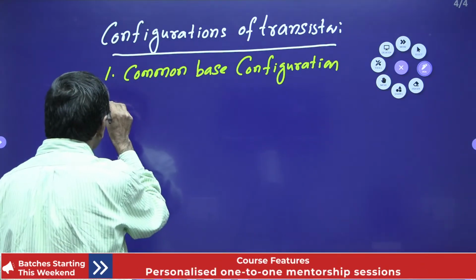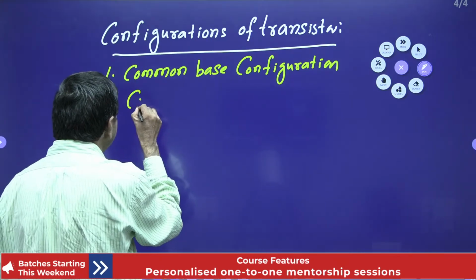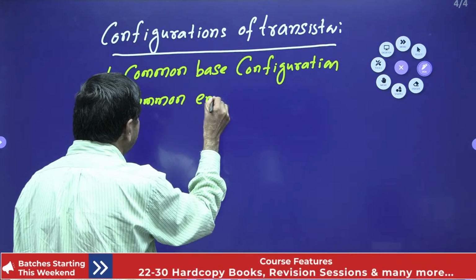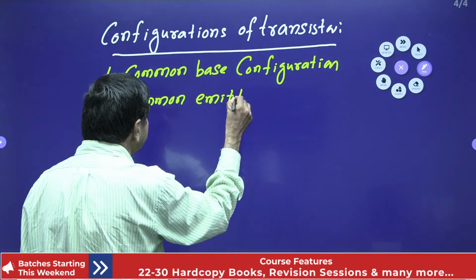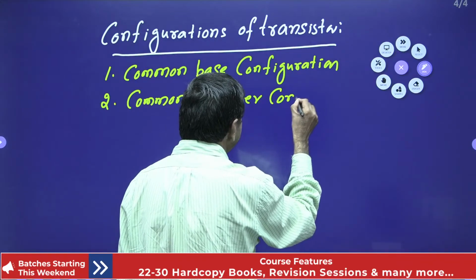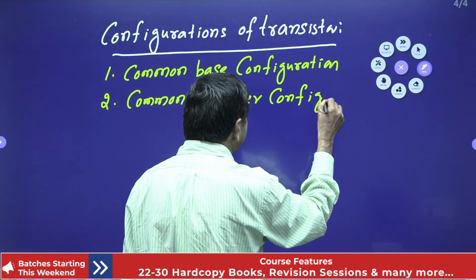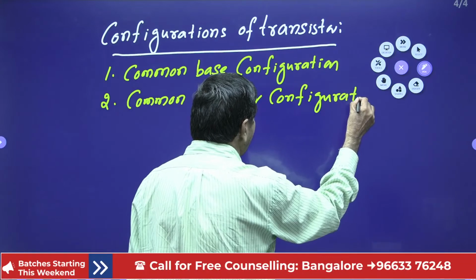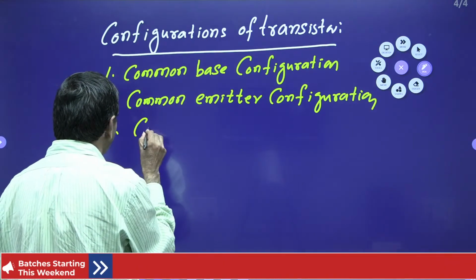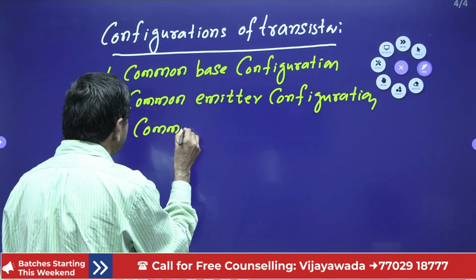The second one, I can take as the common emitter configuration. And the third one is taken as the common collector configuration.